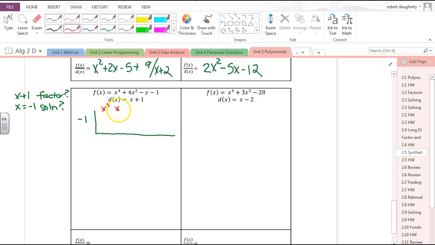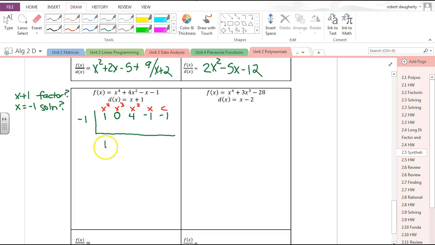x to the fourth, x cubed, x squared, x, constant. What's the coefficient of x to the fourth? 1. x cubed, 0. x squared, 4. Negative 1, negative 1.